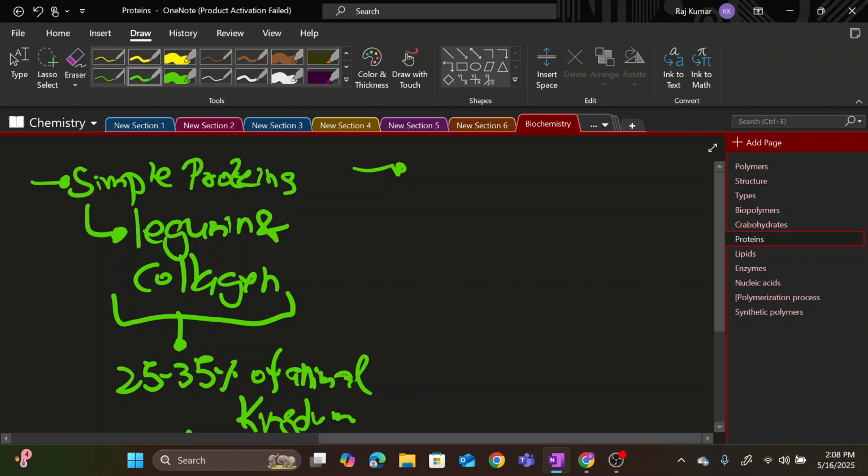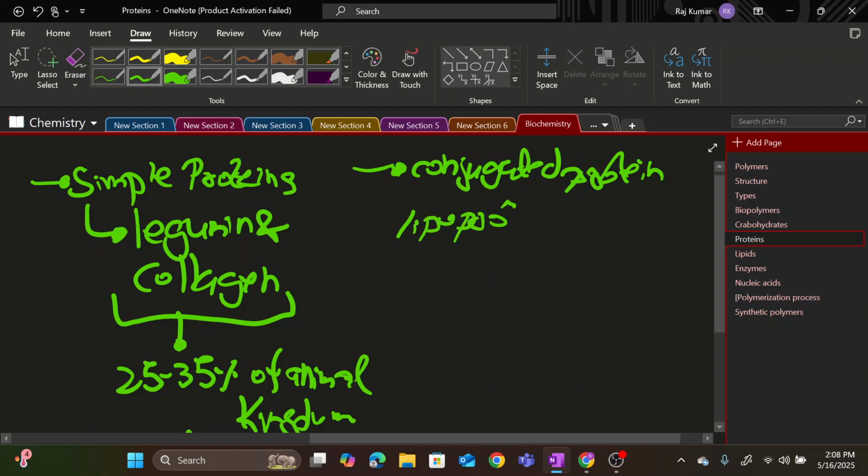On the other side, there is a conjugated protein as well. Conjugated or complex protein is the one which has some other non-protein part with it, which is known as a prosthetic group. For example, lipoproteins are conjugated proteins.